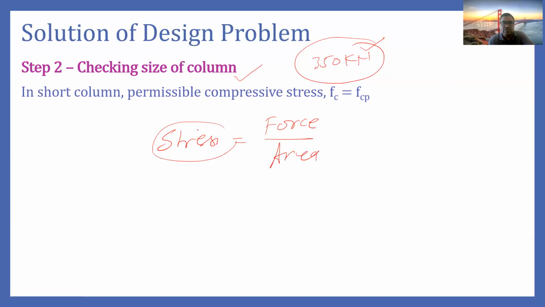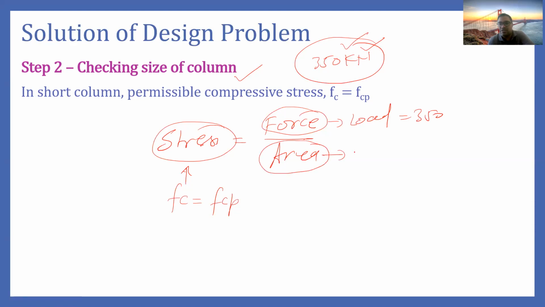If we consider this stress as the permissible compressive stress, which is FC, then because our column is a short column, FC will be equivalent to FCP. And force is the load, which is already given in the question: the load to be supported, which is 350 kilonewton.